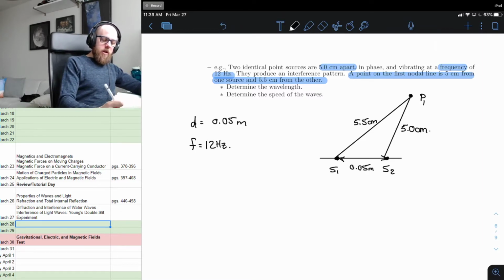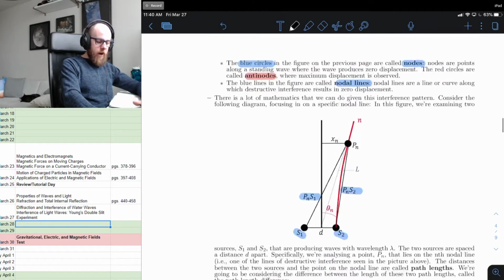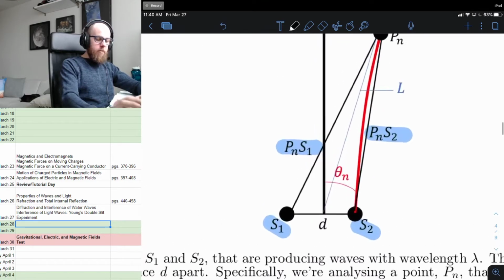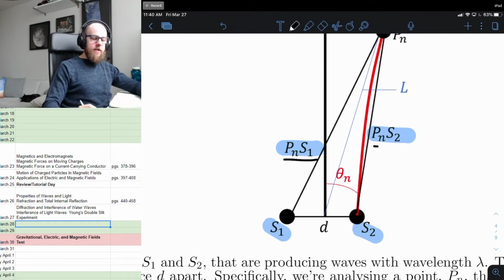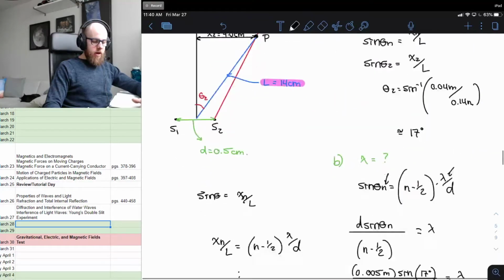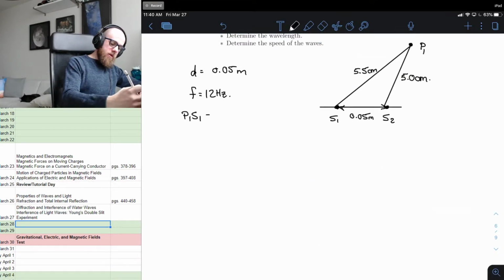If you go back up to the picture that I had way up here, really what I'm being told is P1S1 and P1S2. Those are the two quantities that I'm being told in this question. So coming down here, I'm told that P1S1 is 5.5 centimeters, so 0.055 meters.